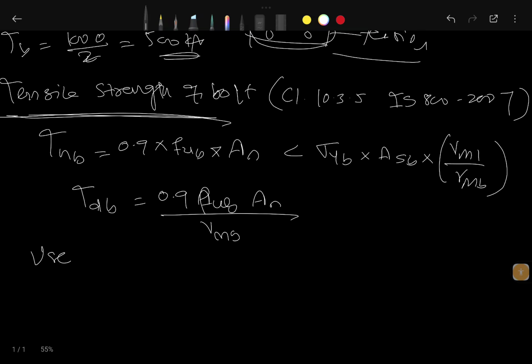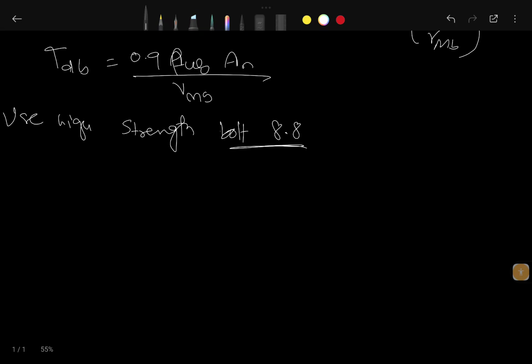We use high strength bolts, 8.8 grade. Suppose we use an 8.8 grade bolt.